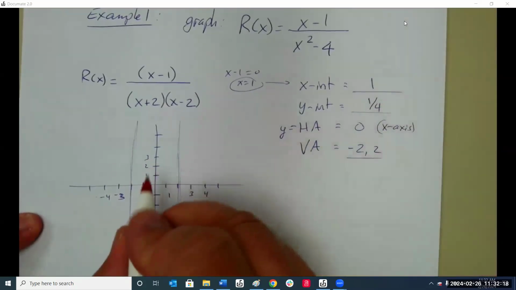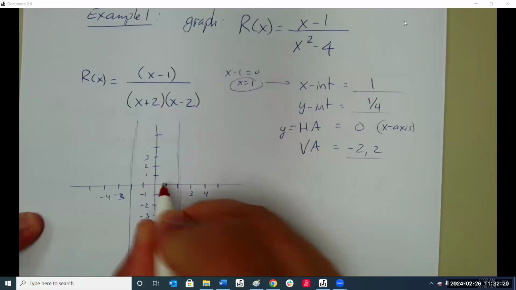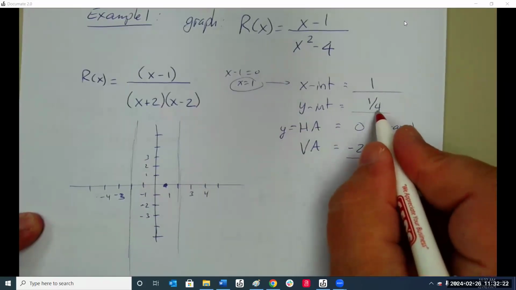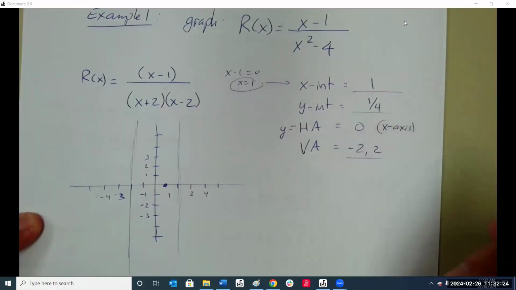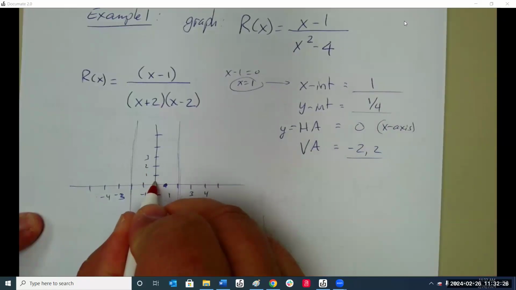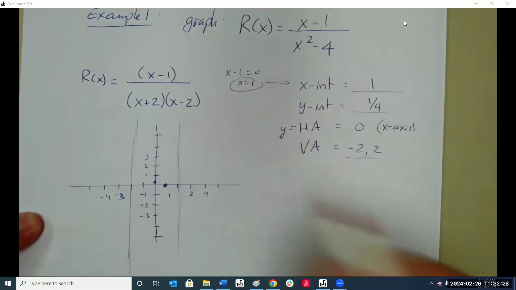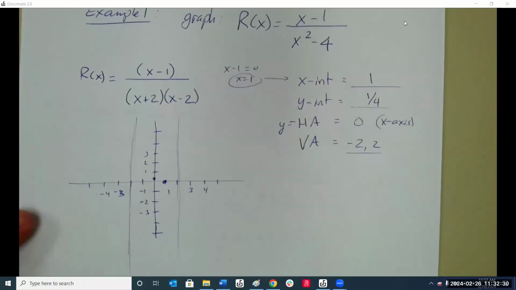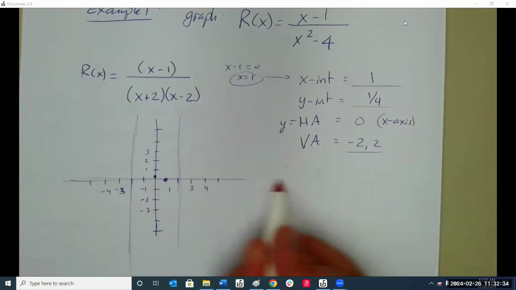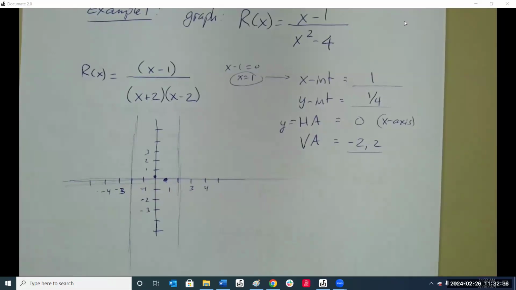We have an x-intercept at 1, a y-intercept at 1/4, and the horizontal asymptote is there.